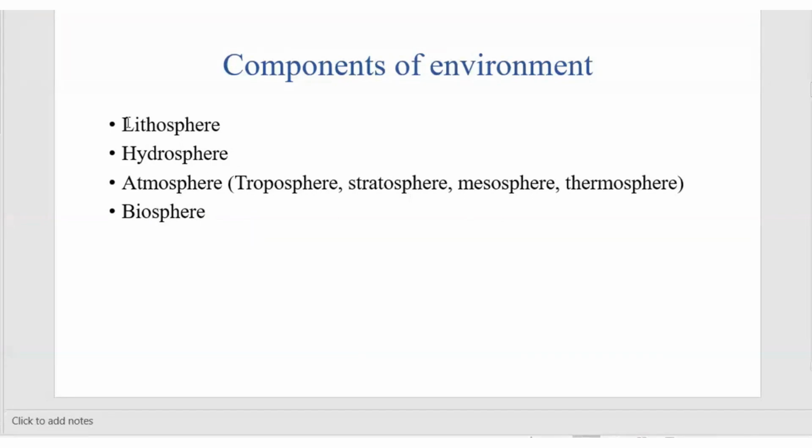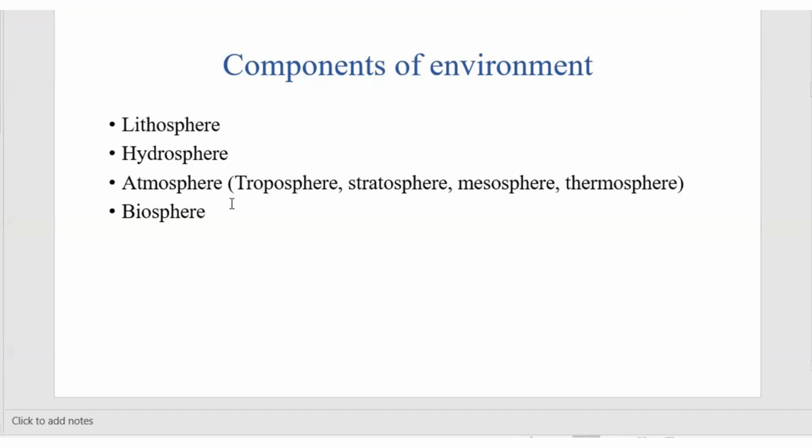So these three, lithosphere, hydrosphere, atmosphere, which is land, water, and air, are the abiotic components of the environment, and the biosphere is the living organisms which reside in all these three areas. Any change in the environment, because of human beings or naturally, affects the existence of all these four spheres.